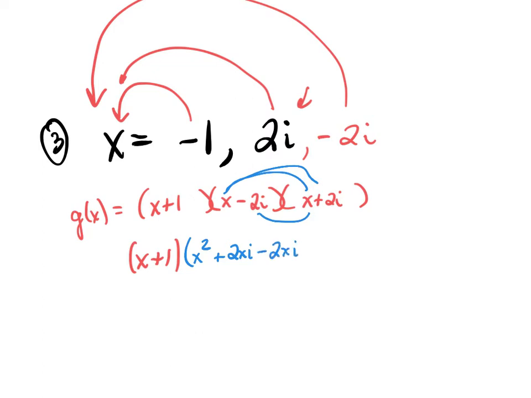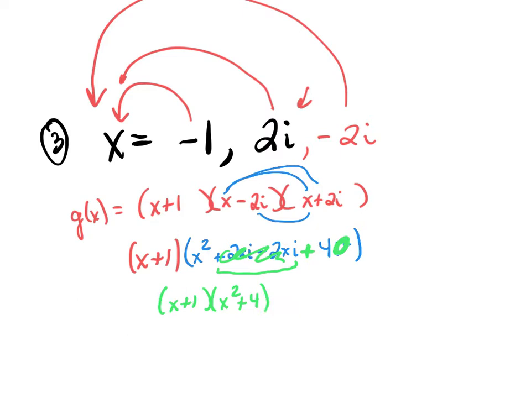Negative 2i and a positive 2i is negative 4i squared. As soon as I see that i squared, I cross it off, change the sign. What happens with my negative and positive 2xi's? They cancel. Good. So you're left with x plus 1 times x squared plus 4.